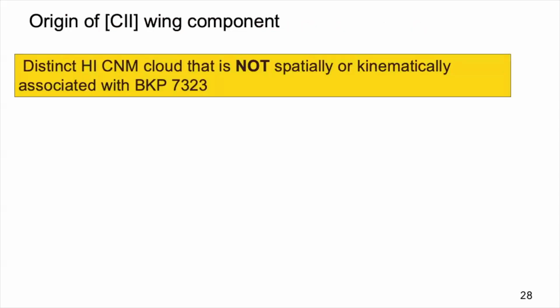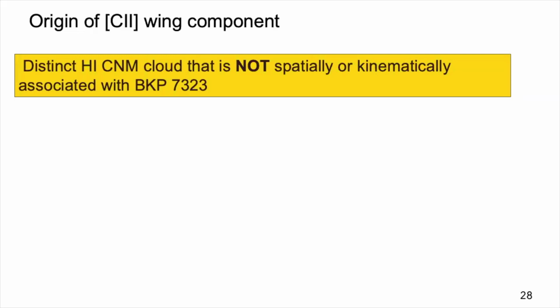Another option. Okay, so these are the options of what it could be. This could be just, it's 4 kilometers per second displaced. I don't trust kinematic distances in the galaxy that carefully. But 4 kilometers per second in this range of the galaxy, at this longitude, corresponds to several hundred parsecs.